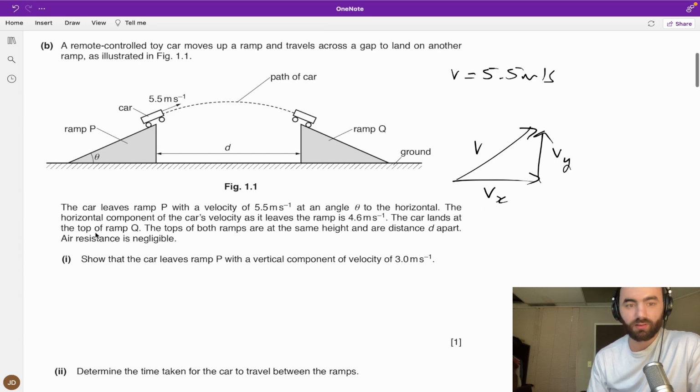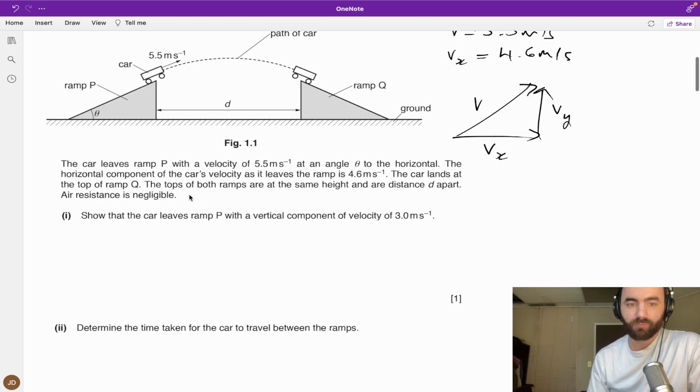The horizontal component, this Vx here, is equal to 4.6 meters per second. They're at a distance d apart and air resistance is negligible. Show that the car leaves the ramp with a vertical component of its velocity of 3 meters per second.